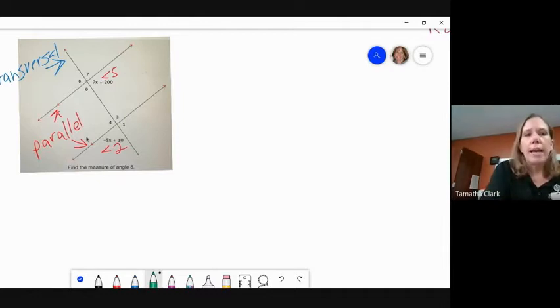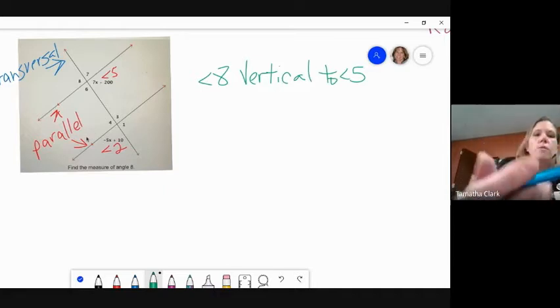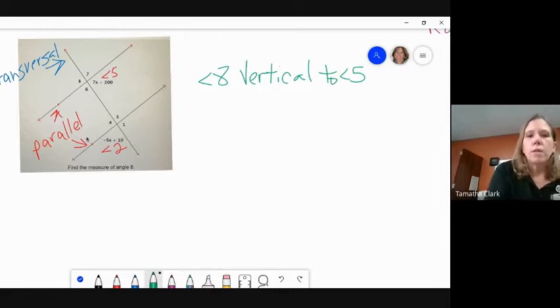Angle 8 is actually going to be a vertical angle to angle 5. So angle 8 is vertical to angle 5. If we move down to our other expression that's given, we can say the same thing, that angle 2 is vertical to angle 3.